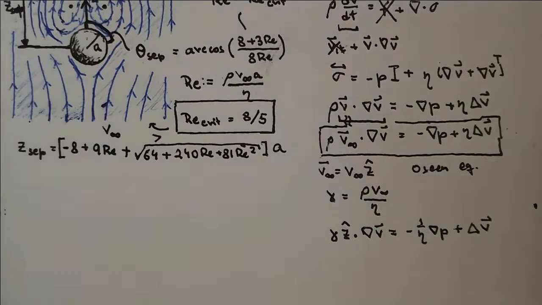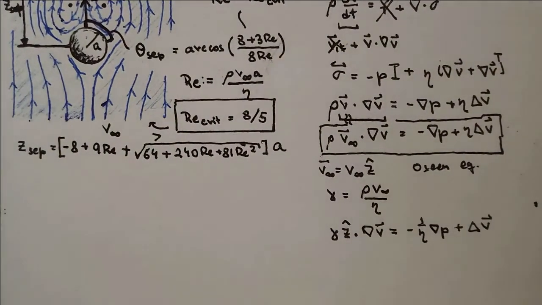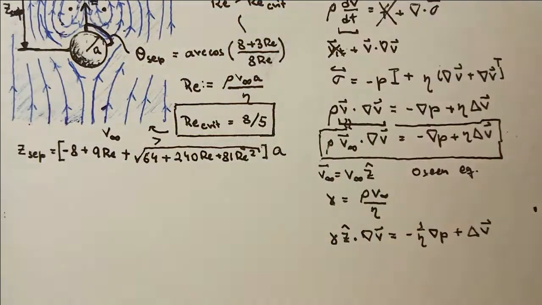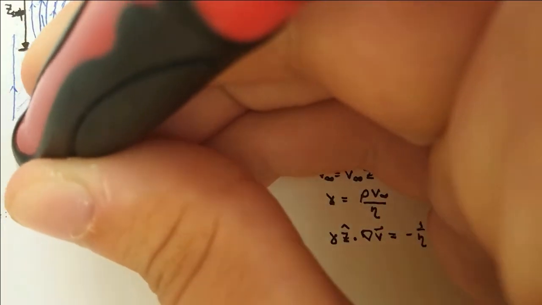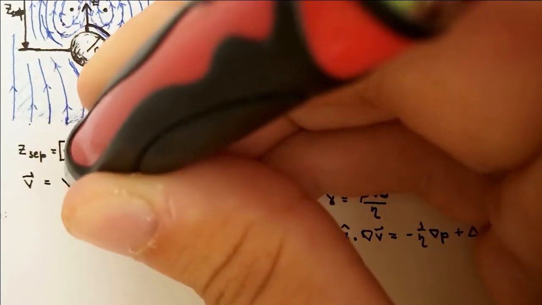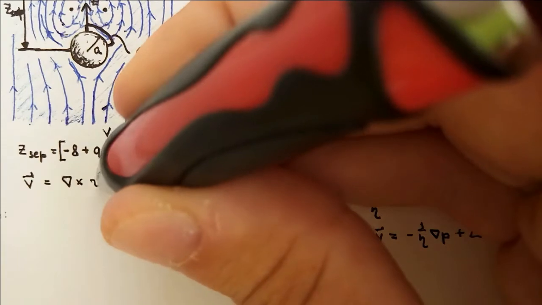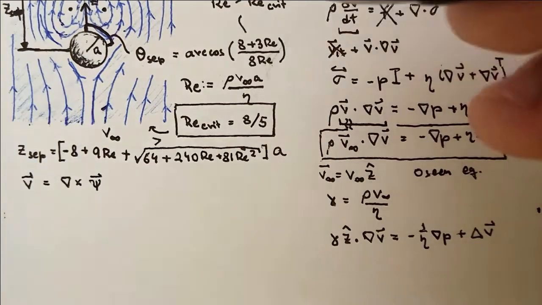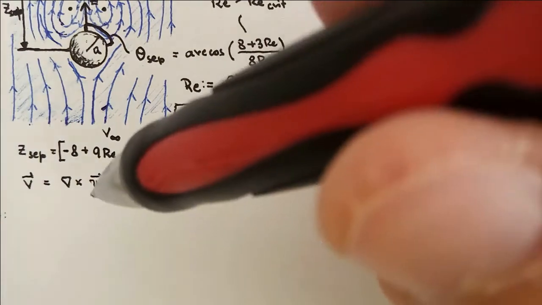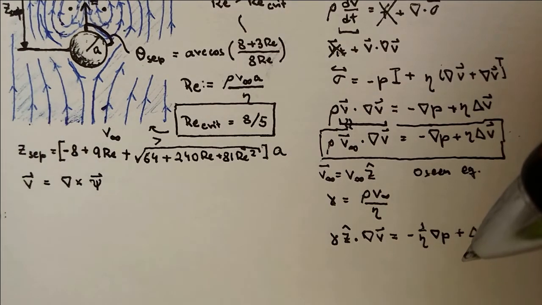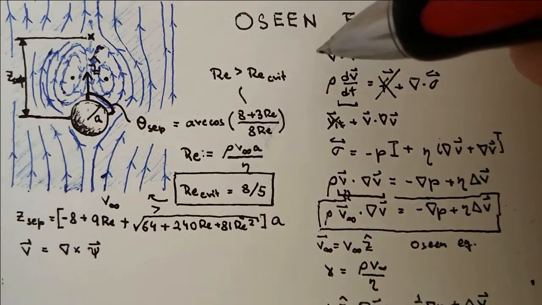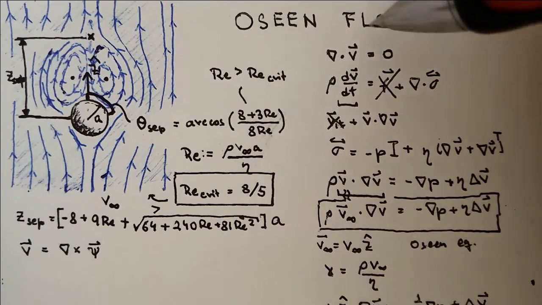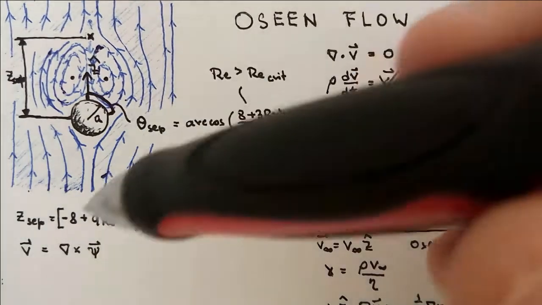Now again, the trick is to search for a solution in this form. Let's say that the solution is going to be a curl of some vector field psi. This automatically solves the first equation, the equation of conservation of mass. So this is automatically solved, and we can use that.